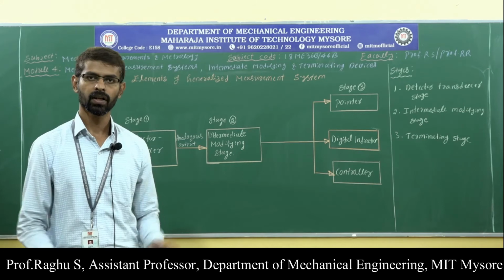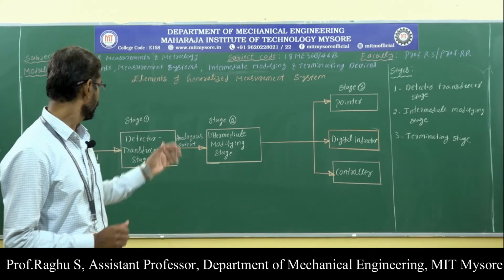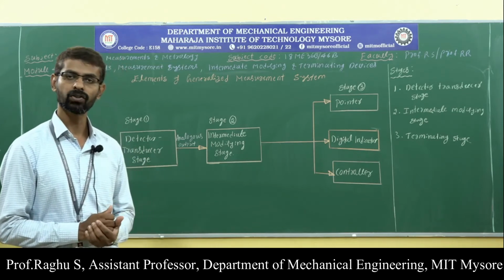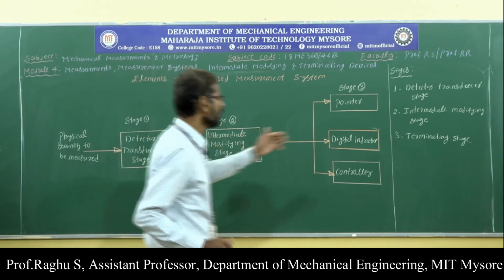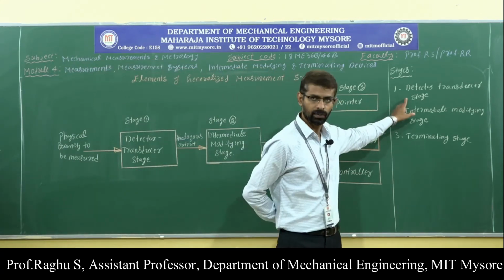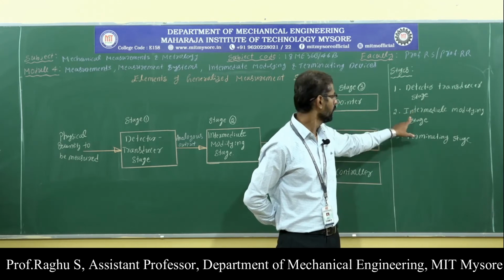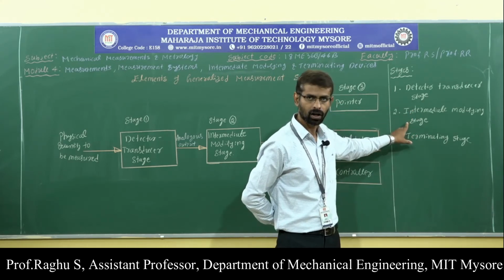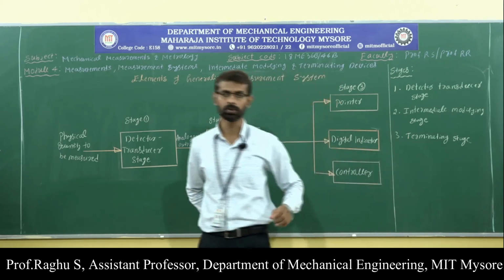Next let us discuss the elements of the generalized measurement system. The block diagram shows the elements. We have three stages: the detector transducer stage, the intermediate modifying stage or signal conditioning stage, and the terminating stage.